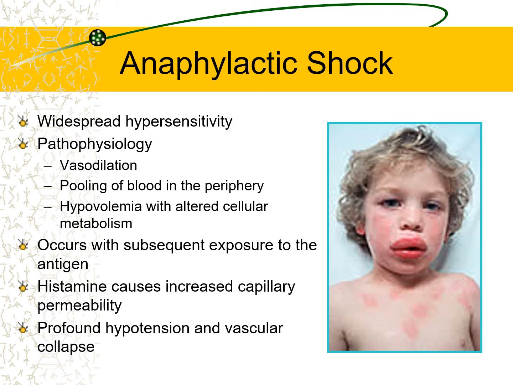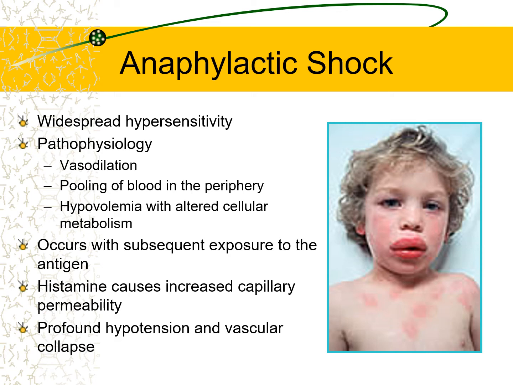Anaphylactic shock results with a subsequent exposure to the antigen. So whatever the antigen was, whether it was a medication or a food or a bee sting, this occurs on the second, at least it has to be the second exposure or a subsequent exposure to that antigen. And the body responds by releasing histamine.